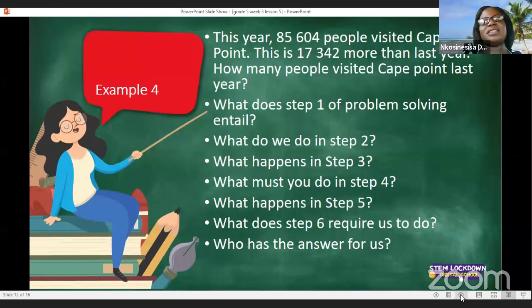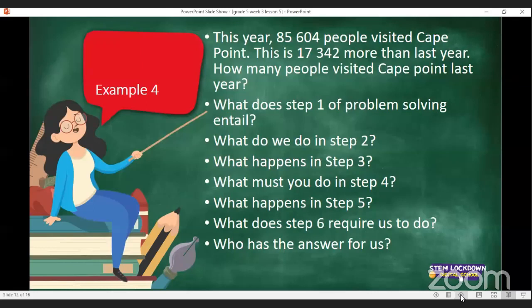Okay, so what does step 1 of problem solving entail? That is the first question. What does step 1 say we must do? Ma'am, you have to work it out, work out the number and work out each and everything.